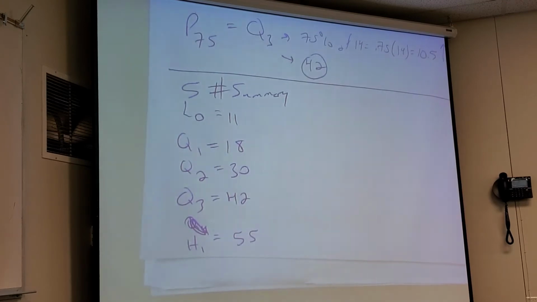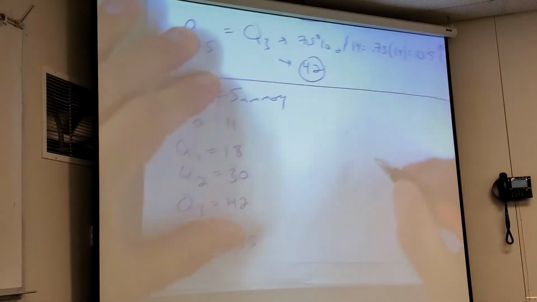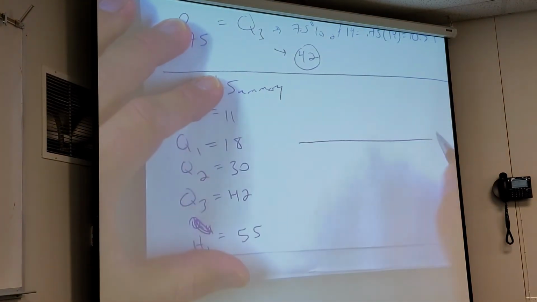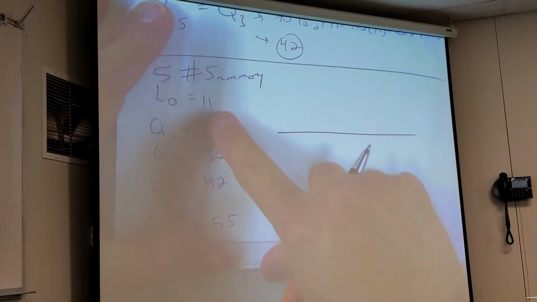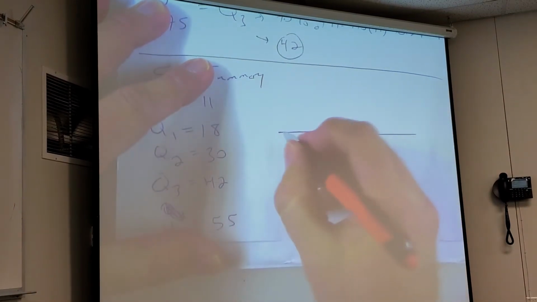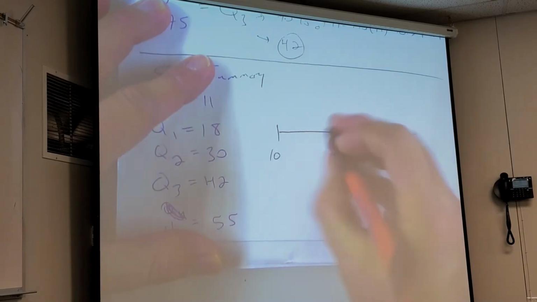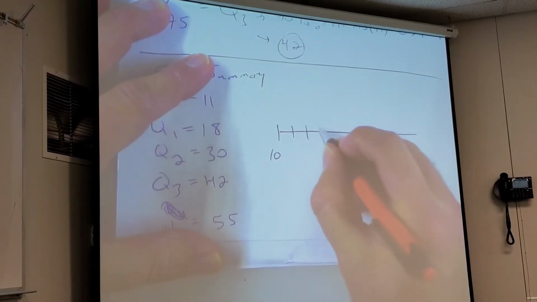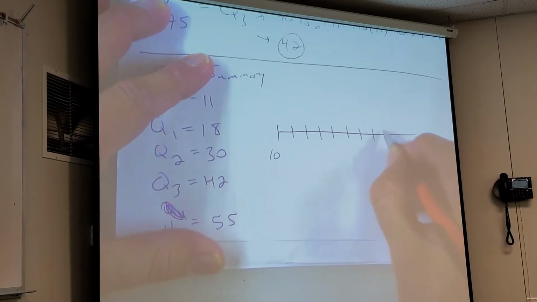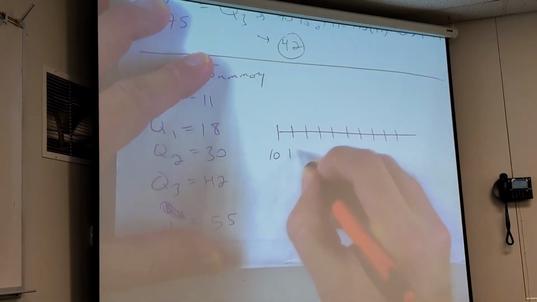And then here's how you make a box plot. I need a scale to get everything from 11 to 55, so maybe I'll start at 10. Let's go by 5s: 10, 15, 20, 25, 30, 35, 40, 45, 50, 55.